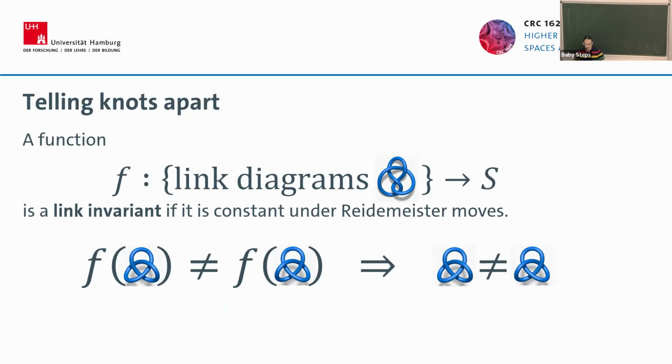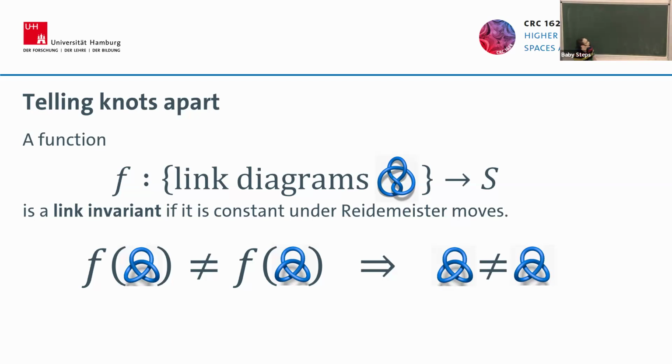If this is the case, the function factors through a function from the quotient set, namely the set of links, to the set S. So defining such a function is similar to defining a group homomorphism from a group with a presentation. We say what it does on generators, and then we check that it is constant on the relations. Check that the relations hold in the image.